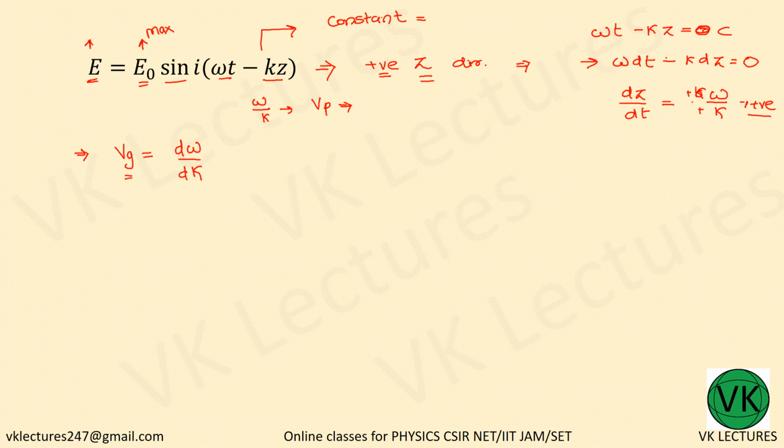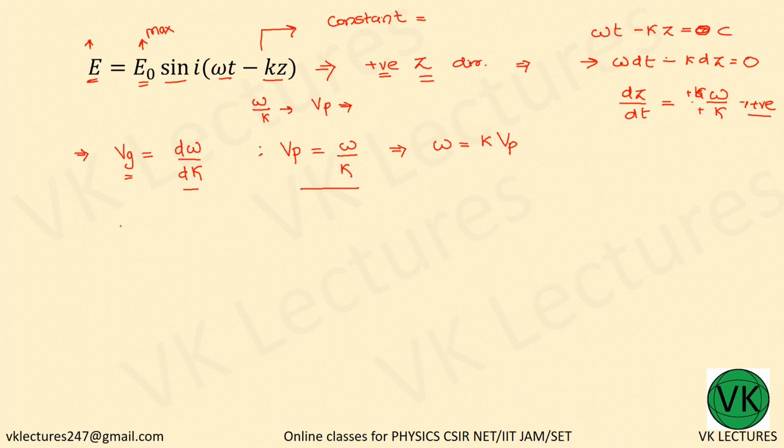Now Vg is equal to d omega by dk. And what is Vp? That is the phase velocity. Vp is given by the formula omega by k. Now from this equation we can write omega is equal to k times Vp.